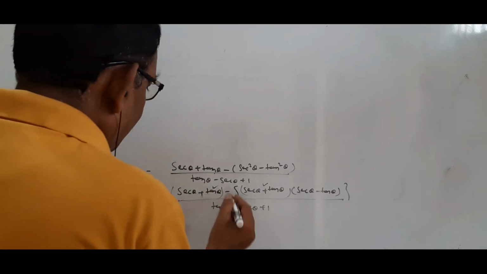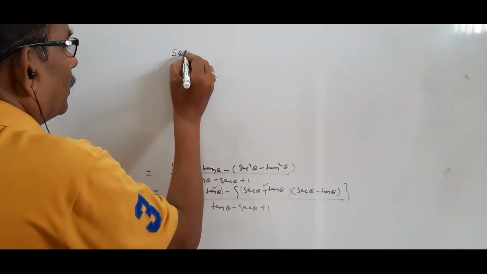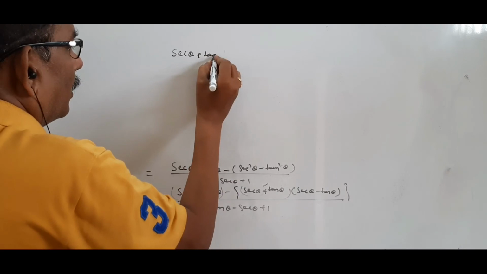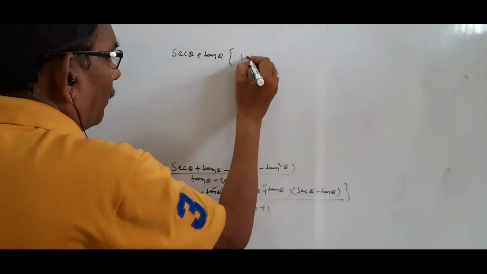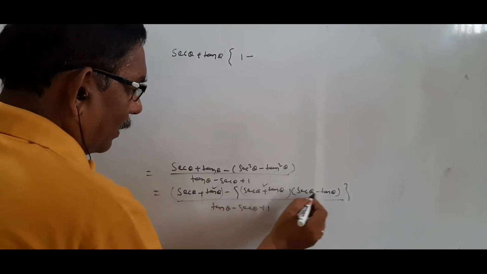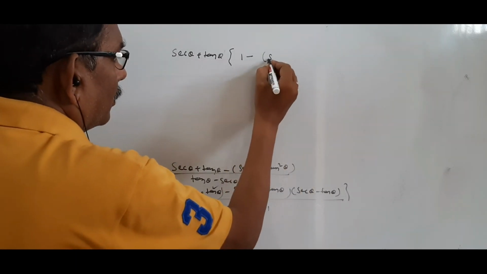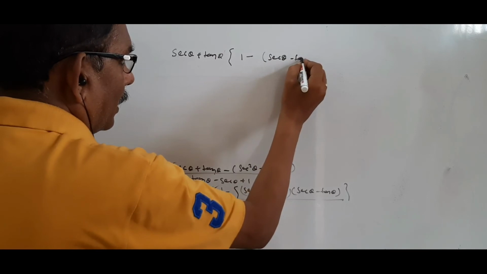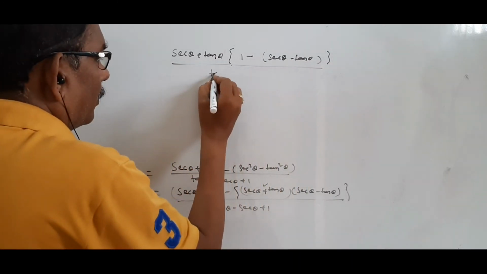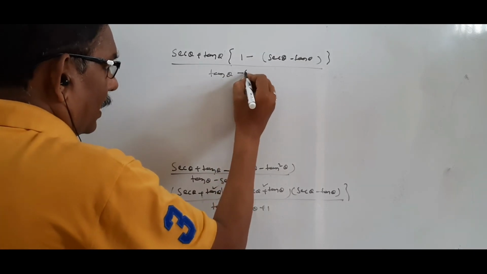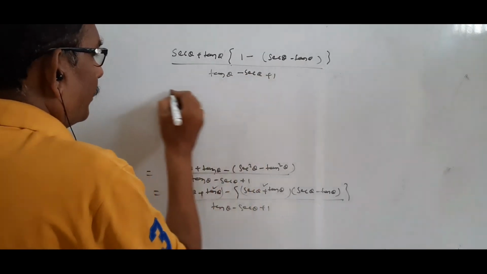After taking common sec theta plus tan theta, it is 1 minus, look, it is minus sign, minus sec minus tan, over tan theta minus sec theta plus 1.